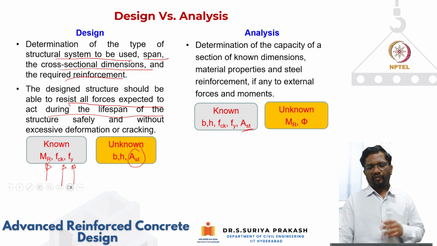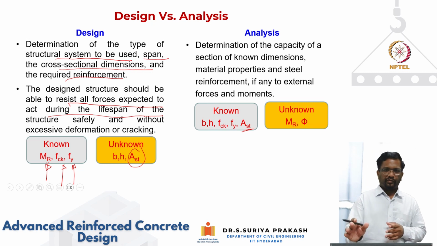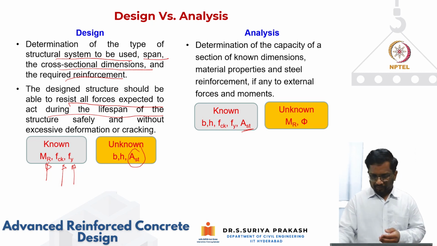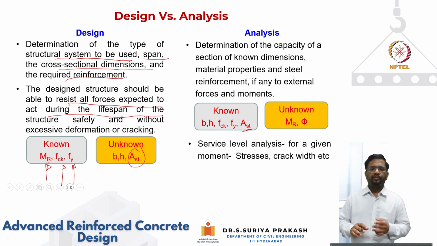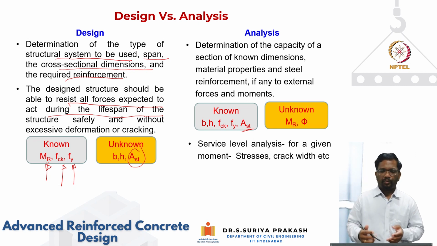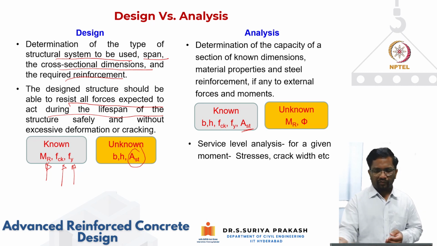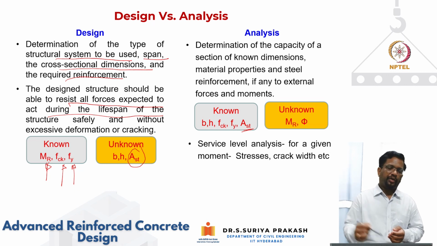I have taken an example only for bending, or flexure. So in analysis, what we are really doing is determining the capacity of sections of known dimensions, material properties, and steel reinforcement for any external forces or moments. This is one analysis for the ultimate load condition.